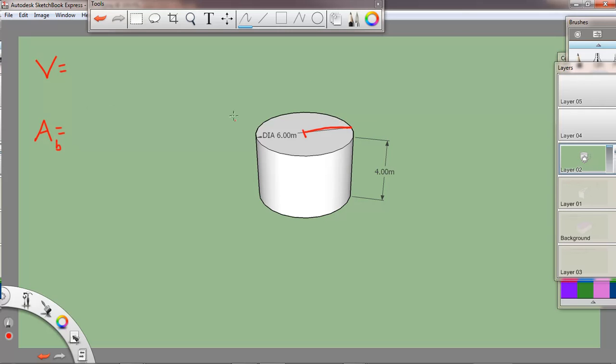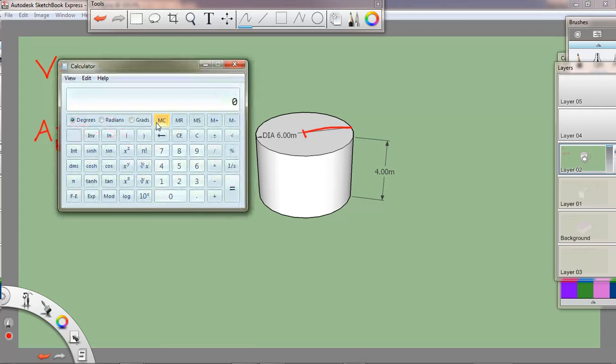So to find the area of this circle, we're going to say pi times 3 squared. Okay, because our radius is 3. And the area of this circle is going to be, let's go ahead and find out what that is. 9 times 3.14 is 28.26.